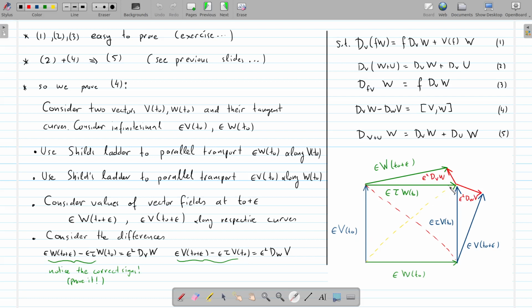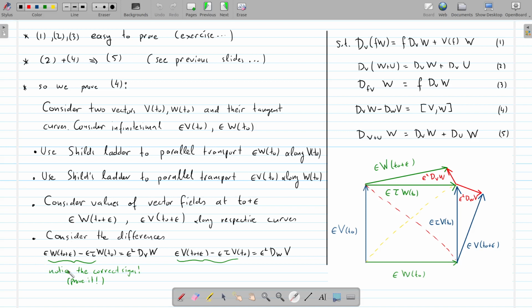Now, the difference between the values of the vector fields at the neighboring points compared to their parallel transported values is proportional to the derivative that we defined before. Since this is epsilon times the vectors, this difference here is epsilon squared times the directional derivative. Similarly here, for the difference between v and tv, we have epsilon squared times the derivative of v along w.